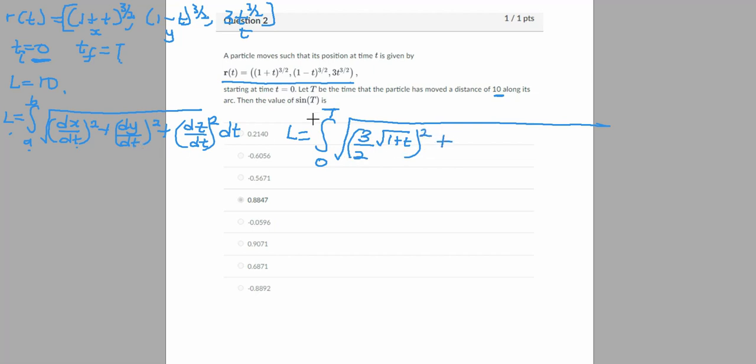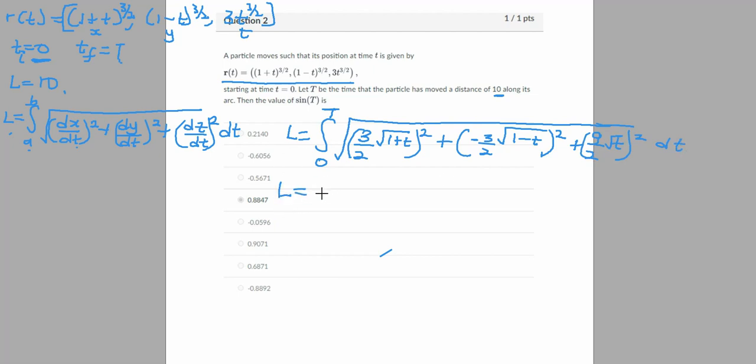We got dy/dt to be equal to minus 3 over 2 square root of 1 minus t all squared. Then our dz/dt, we got it to be plus 9 over 2 square root of t all squared. Then dt. Let's open these brackets.